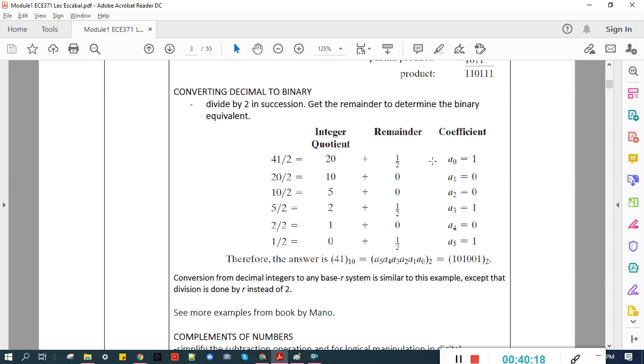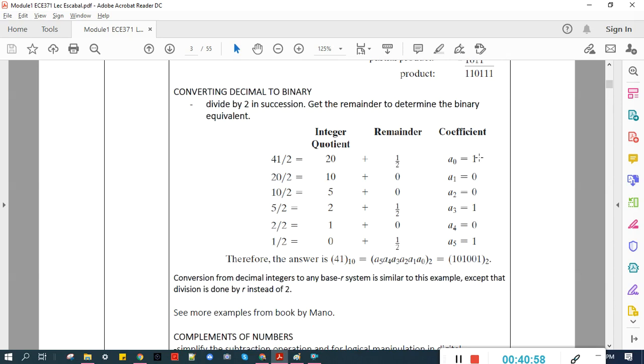So we take the remainder. The remainders are 1, 0, 0, 1, 0, 1. And then we read the remainder down to up, from the last remainder to the previous.